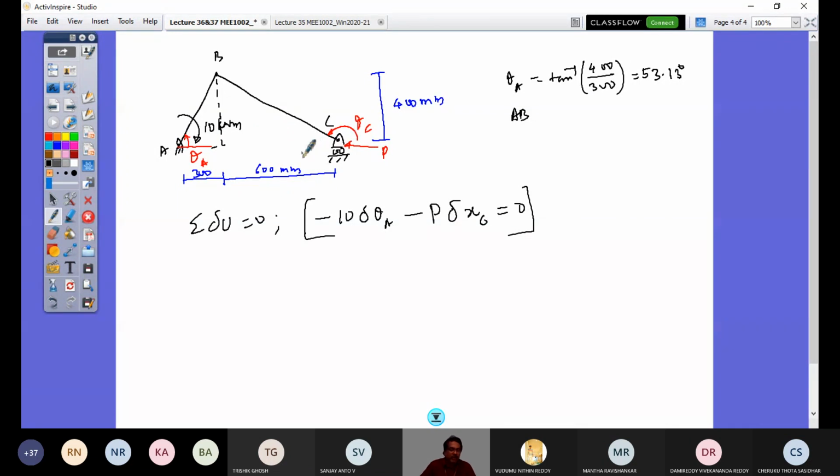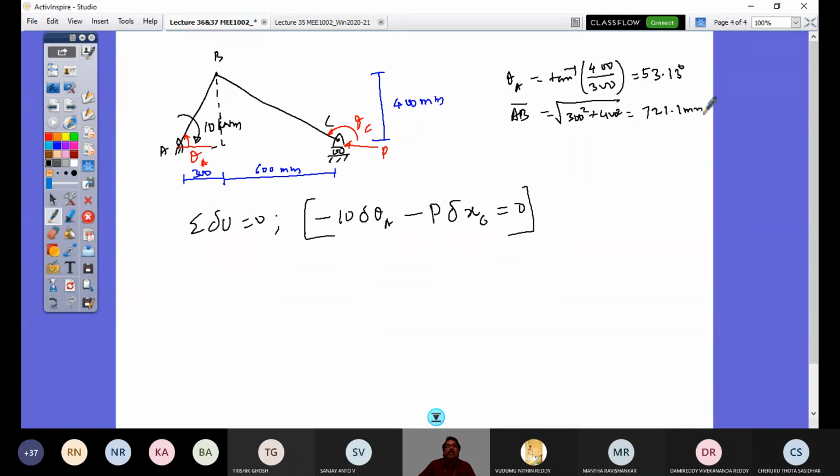So how do you do that? For that, I have to find out now the actual length of this link. So what is the actual length of the link AB? By Pythagoras theorem itself I can find that: the square root of 300 square plus 400 square, that would be equal to 721.1 mm.